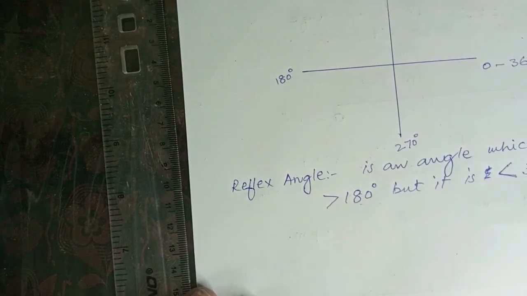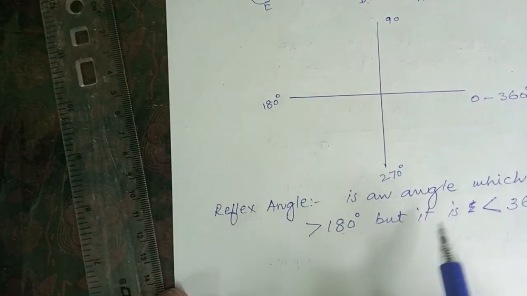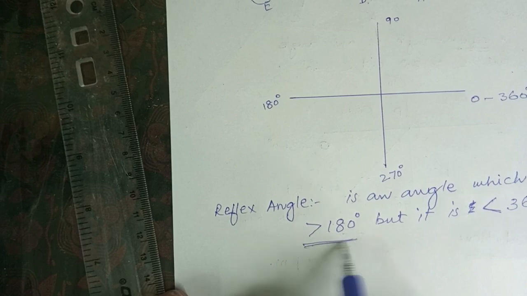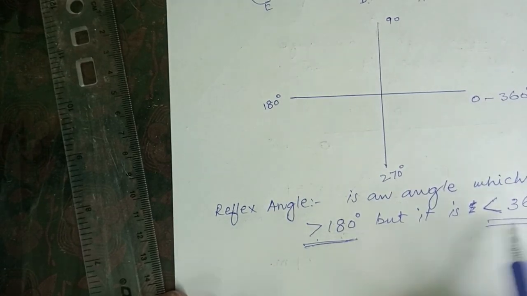Now what does it mean? It means that a reflex angle must have these two properties. It should be greater than 180 degrees and it should be less than 360 degrees.